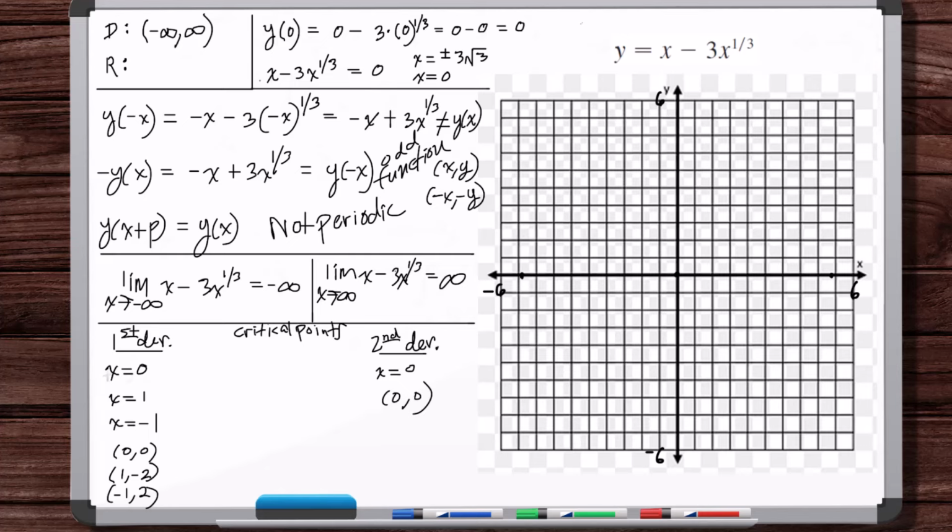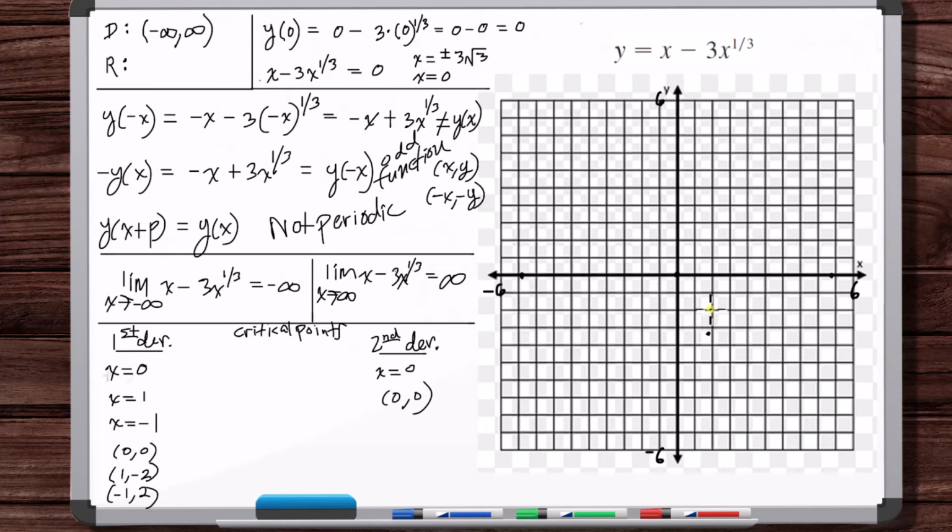Okay, let's plot these points. We've already plotted 0, 0. What about 1, minus 2, and minus 1, 2? So, okay, 1.6, 1.2, so about right in here. And then minus 2, 0.6, 1.2, 1.8, minus 2-ish.